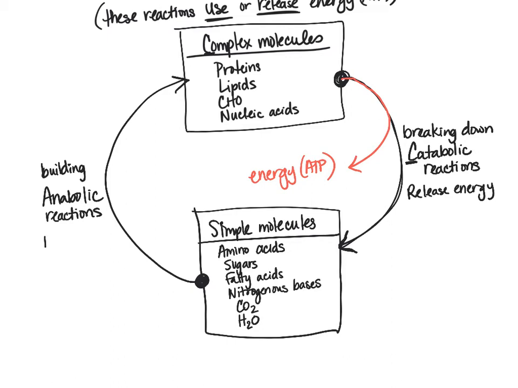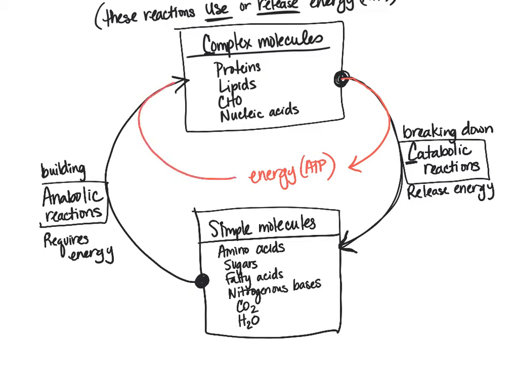In this case, it requires energy. So we have to put energy into this system when we're talking about an anabolic reaction. We're releasing energy from the system when we're talking about catabolic reactions. So we're taking energy and putting it in order to make our complex molecules. And so this is what we're talking about when we talk about metabolism.